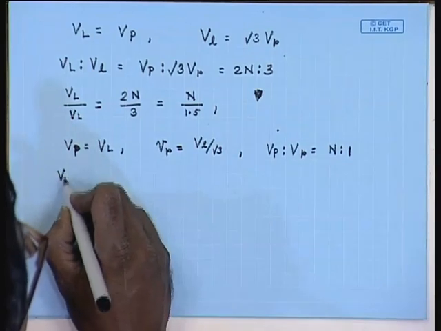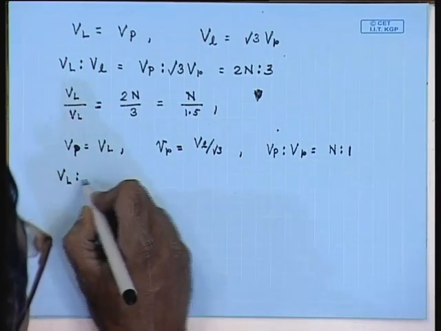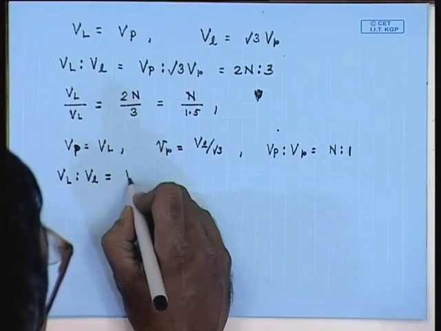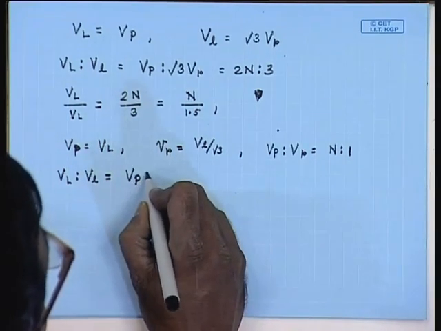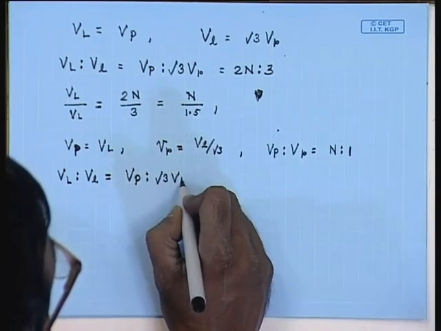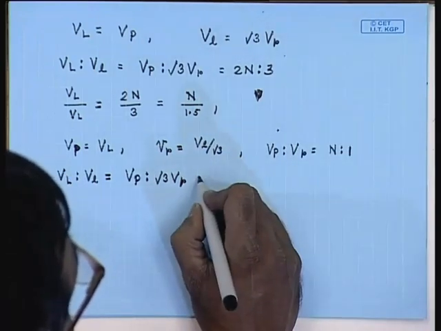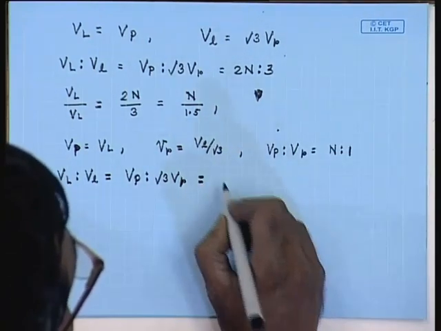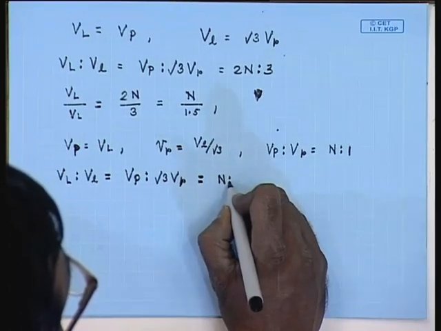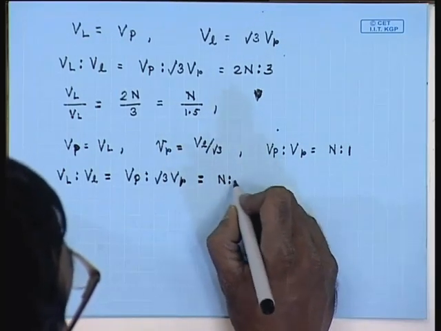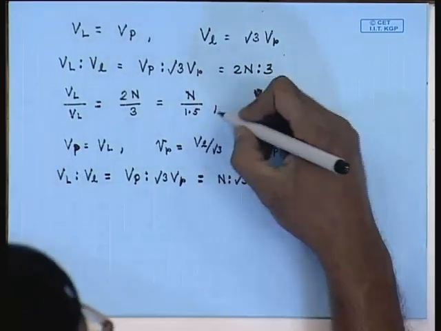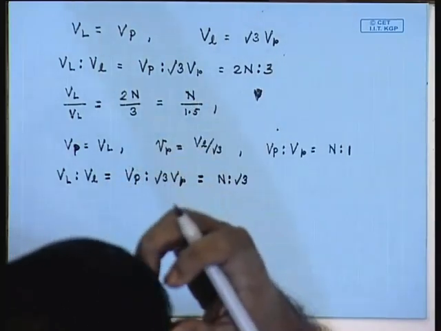Therefore, V_L is to v_L would have been V_P is to root 3 V_p, equal to n is to root 3. So, this is the difference.